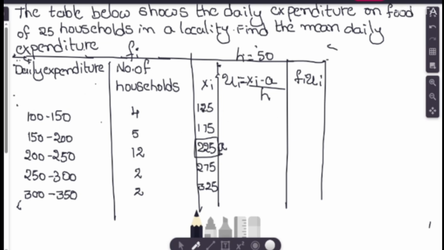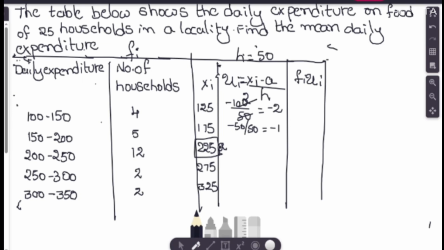Now same, first you do xi minus a. Small number minus big number, we already got minus 100. So minus 100 divided by 50, how much? 2. So minus 2 it is. Next 175 minus 225, we already got minus 50. Minus 50 by 50, how much? Minus 1.